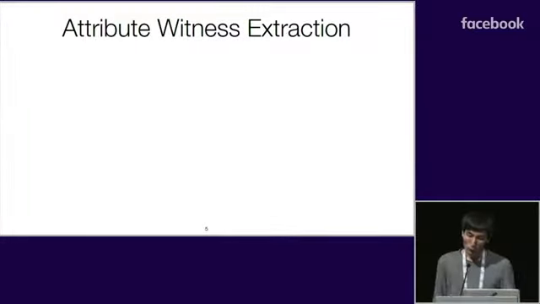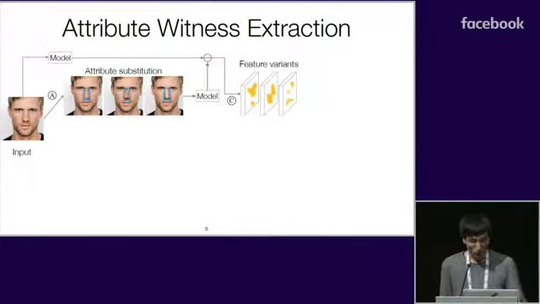Here is the attribute weakness extraction procedure. Given an input, we replace the attribute for this input with the attribute from other inputs, and then we observe the activation value change between these two. And then we can extract the feature variance. This is for the forward reasoning.